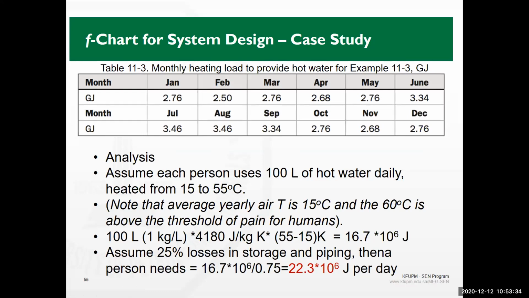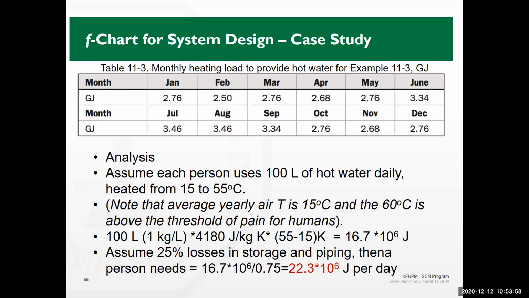They cannot withstand more than 60 degrees centigrade. It will be painful. And 50 is somewhere around the average value of minimum heating. So they took a compromise temperature of 55 degrees as the degree needed for the hot water temperature.